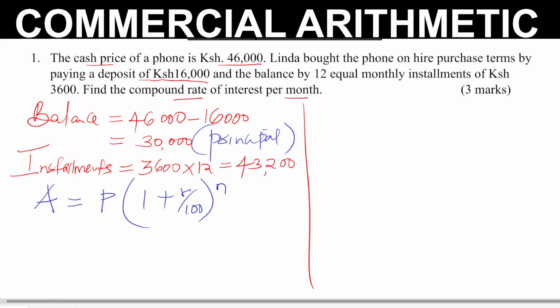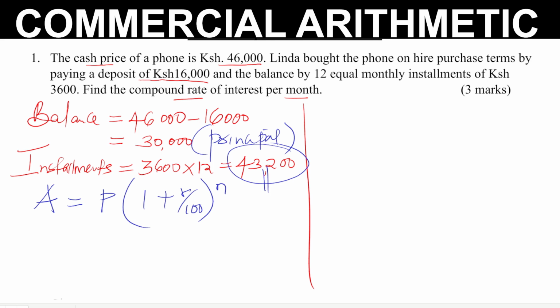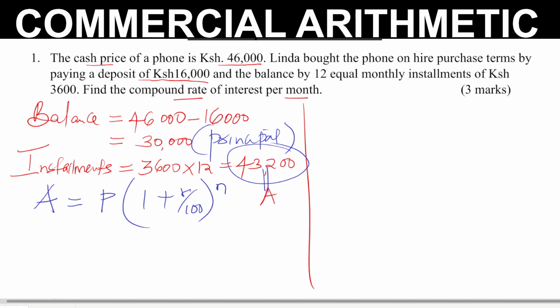Then the total amount paid through all the installments will be the amount. Total amount of money paid by all the 12 equal monthly installments, this will be the amount. So we have identified A and P. So A is 43,200.